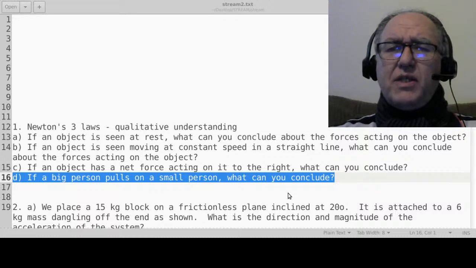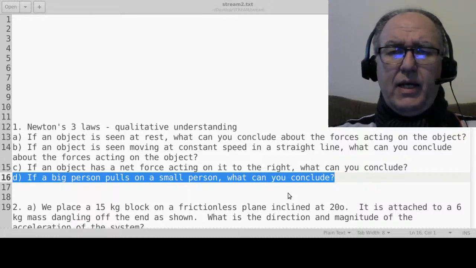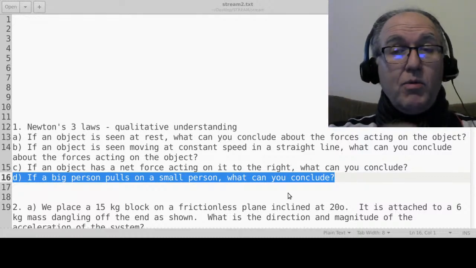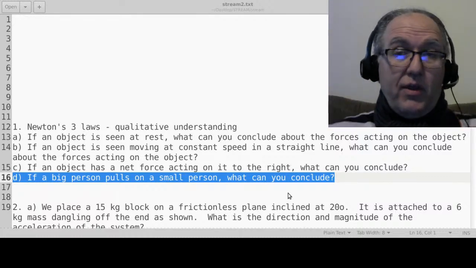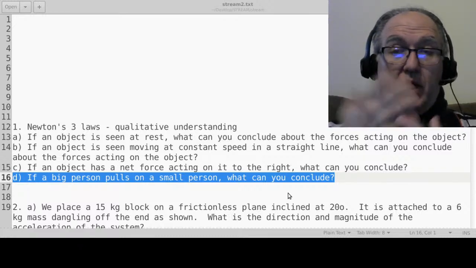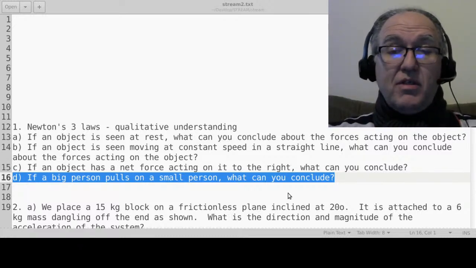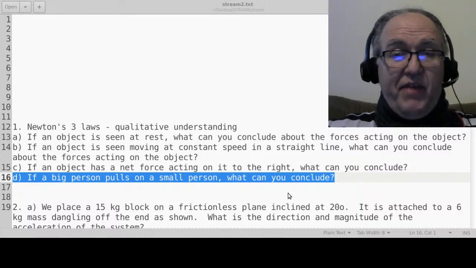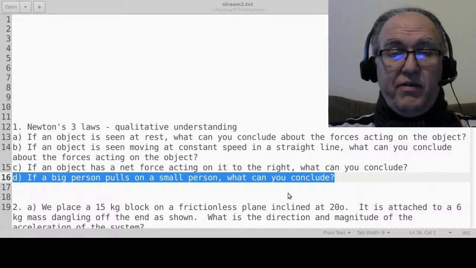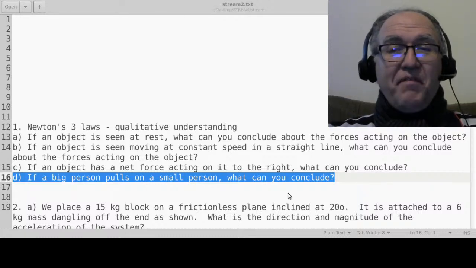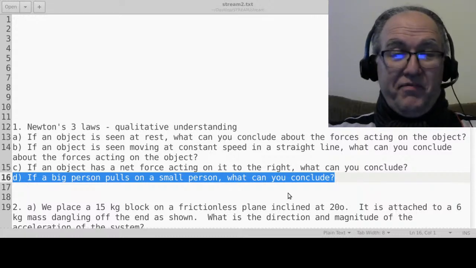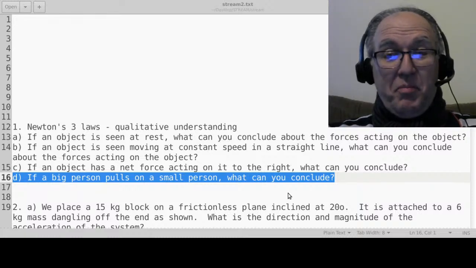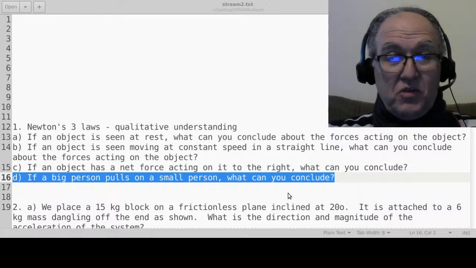The third law is pretty intuitive, but the intuition kind of breaks down when one object is really big and the other one's really small. The most extreme example of this is me and the Earth. The Earth is pulling me down with about 1,000 newtons of force, and I'm pulling up on the Earth with 1,000 newtons of force. I can definitely feel the Earth pulling me down. If I were to jump out of a window on the first floor, I would certainly know that the Earth is pulling me, because I would fall towards the Earth.